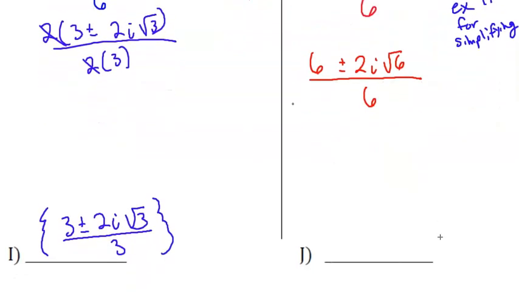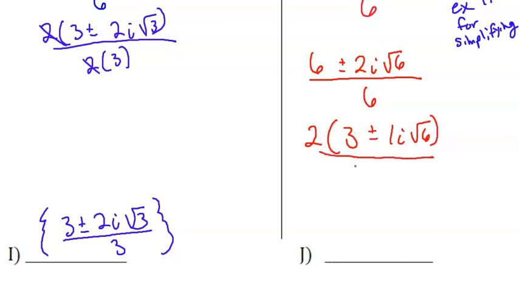Just like the previous example, these are both even numbers, so we can factor out a 2. 6 divided by 2 is 3. 2 divided by 2 is 1. And 6 is the same thing as 2 times 3. These 2's will cancel. And we don't have to write this 1. So our solutions are 3 plus or minus i square root of 6 all over 3.